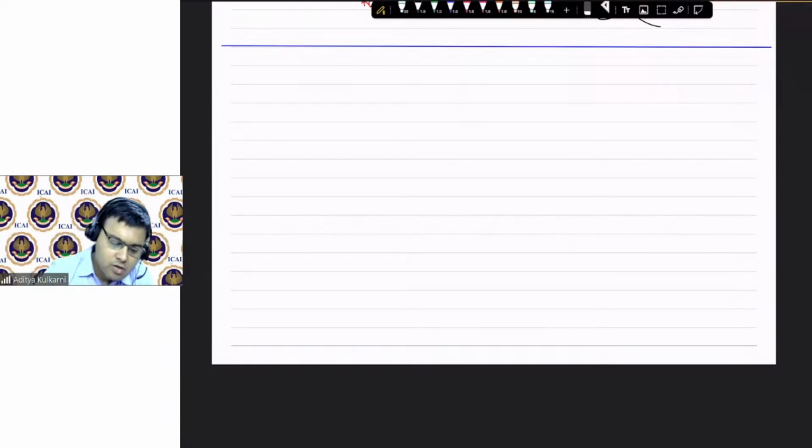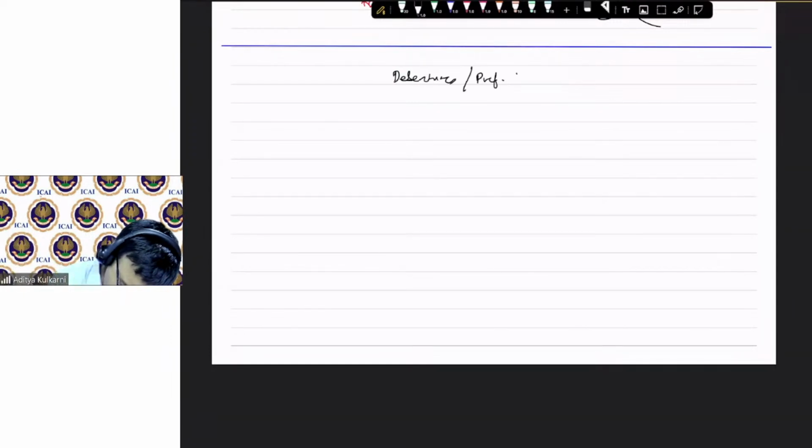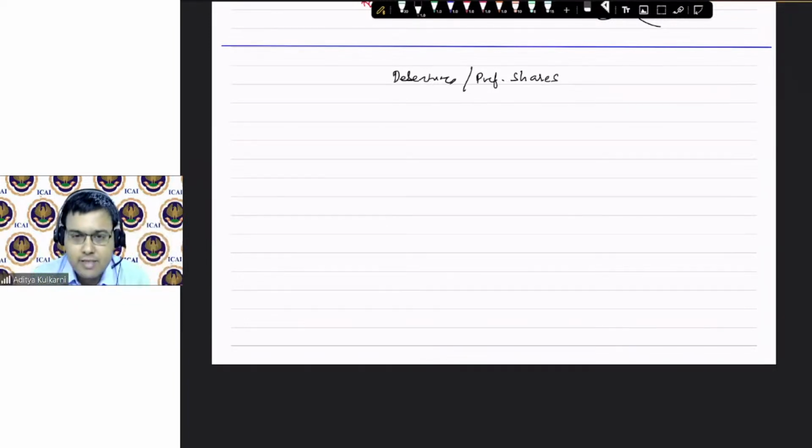So now coming to debentures or preference shares, whatever name you use. The names do not really matter. What matters is the features of the instrument.